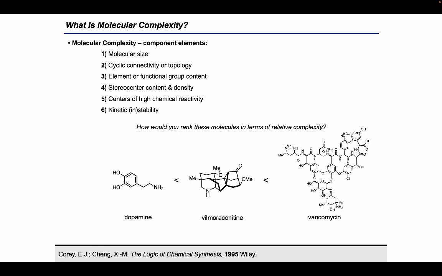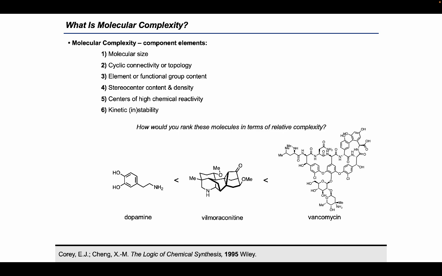In terms of element and functional group content, all 3 molecules have carbon, hydrogen, oxygen, and nitrogen atoms, but vancomycin also has a chlorine atom, and the absolute number of heteroatoms increases from left to right. Vancomycin also possesses the highest variety of functional groups. Vancomycin is the winner in the stereocenter content category, possessing both axial and point chirality, while dopamine is achiral. Vilmorconitine, however, does have a high density of stereocenters.